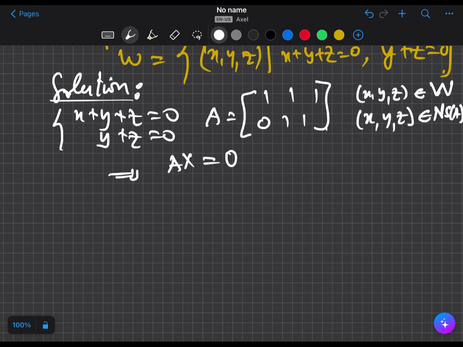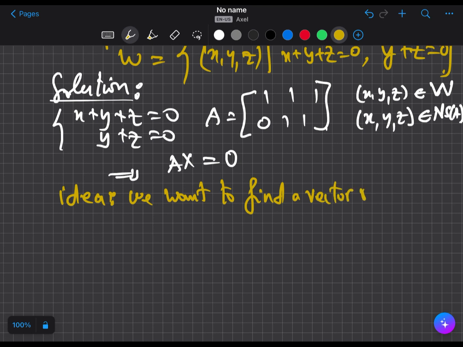Then what we are trying to solve here is to find a vector or vectors whose span will give back W. So the main idea is that we want to find a vector or vectors whose span gives back W.